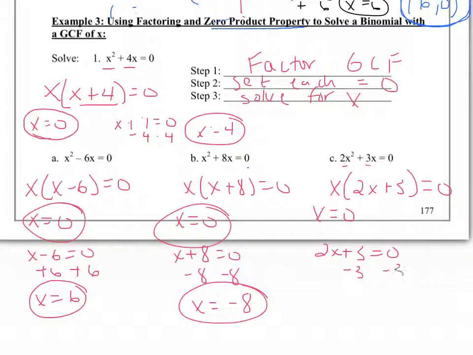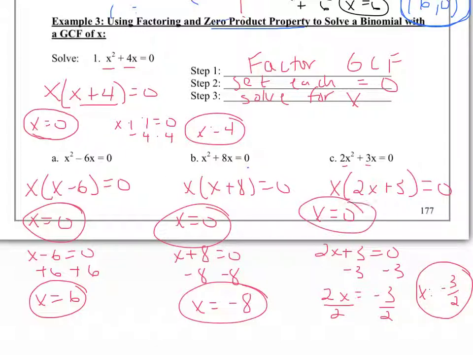Solving here, I get that 2x is equal to negative 3. Divide by 2. So x is equal to negative 3 over 2, or 0. So this whole lesson was about zero product property and trying to set each part equal to 0 after factoring.